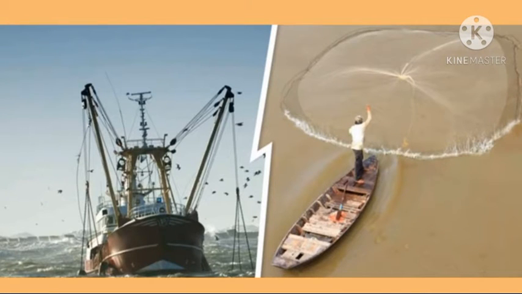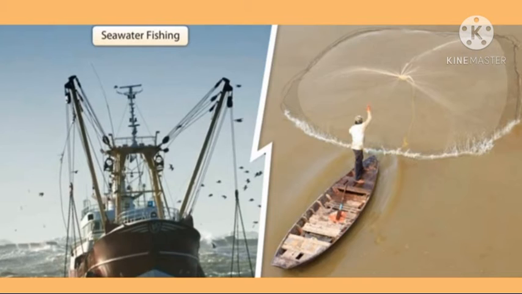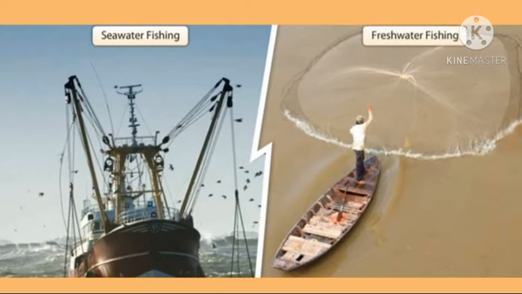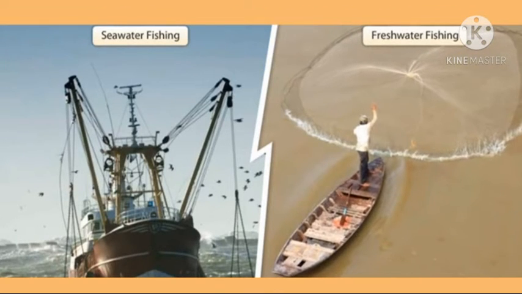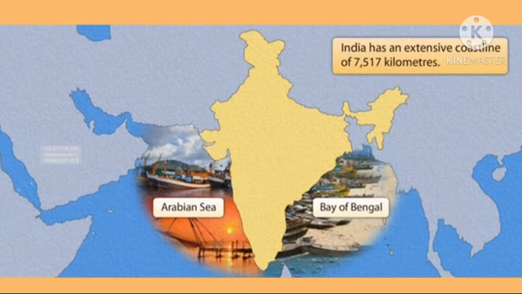Fishing, as we know, can be done at two locations. One is seawater fishing practiced along the coastline, and the other is freshwater fishing largely done in the rivers. Seawater fishing is a major industry in India. This is because India enjoys an extensive coastline of over 7,500 kilometers.